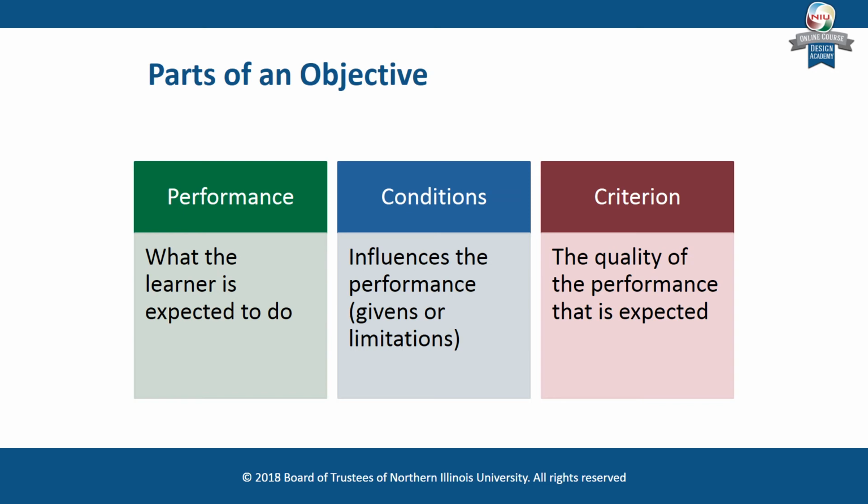The second part of an objective is the condition. The condition influences the performance. Describe any givens, limitations, or resources the students will use or is prohibited from using. The last part of an objective is the criterion or degree to which the students must perform. The criterion describes how well the student must be able to perform the task.